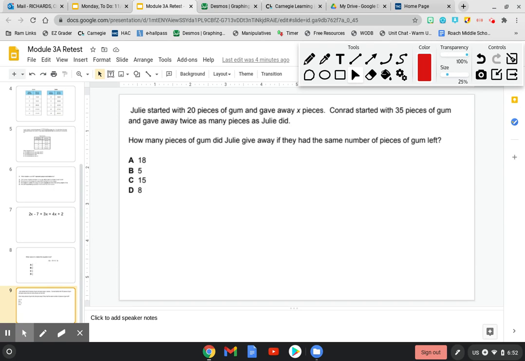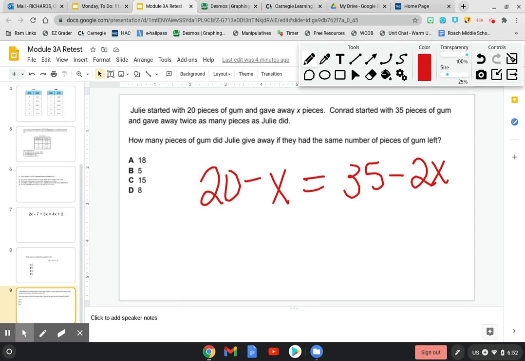Julie started with 20 pieces of gum and she gave away X pieces. So she started with 20 and she subtracted X pieces. Conrad started with 35 pieces and then he gave away twice as many. And it says, how many pieces of gum did Julie give away if they had the same number of pieces of gum left? So same number, they are equal.